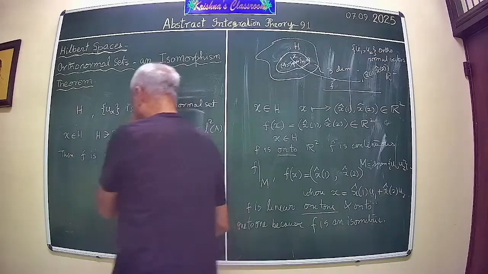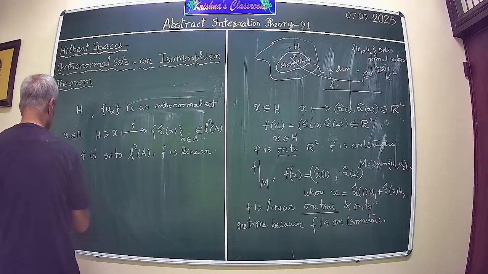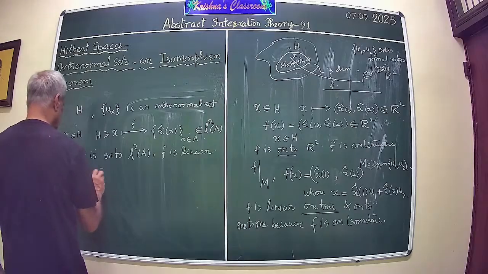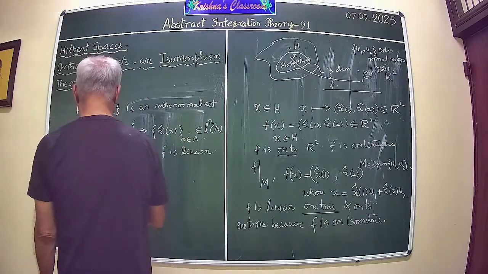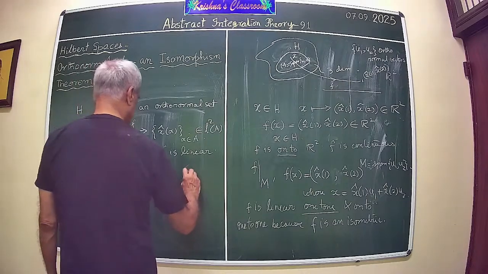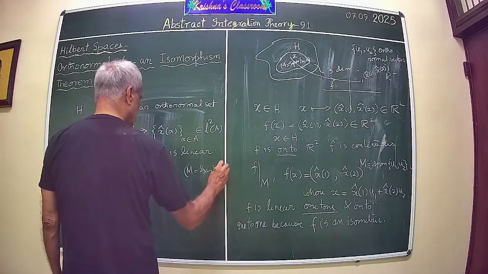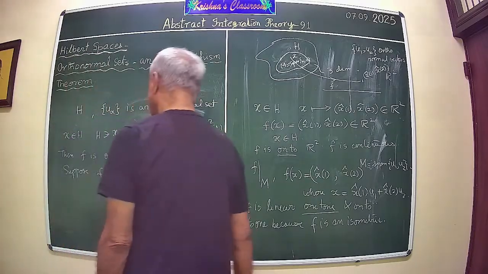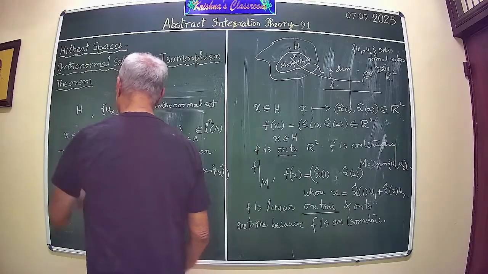Secondly, suppose F is restricted to M, where M is equal to the span of U alpha. That means you are choosing X from here.